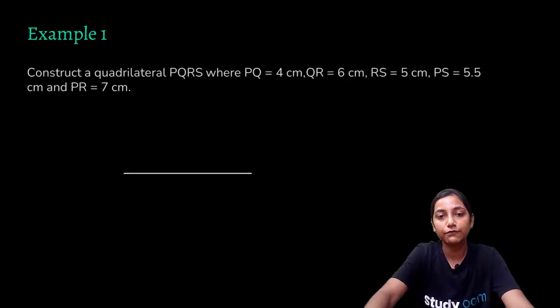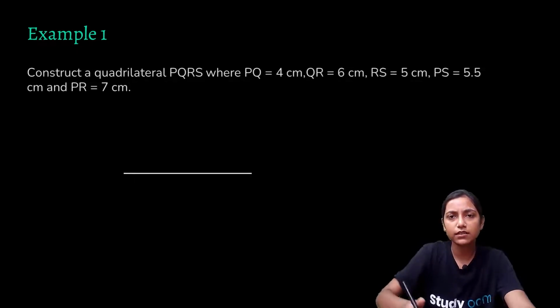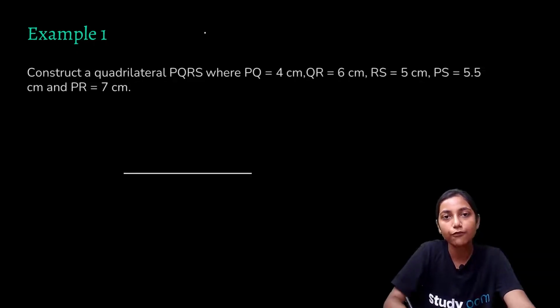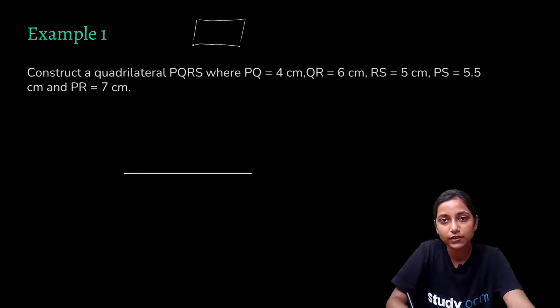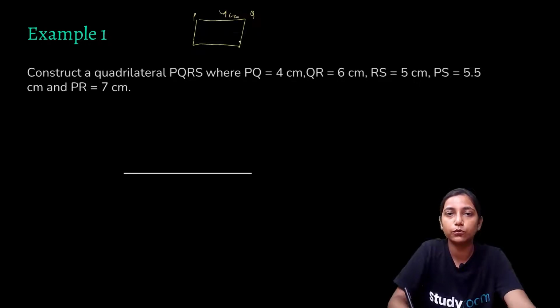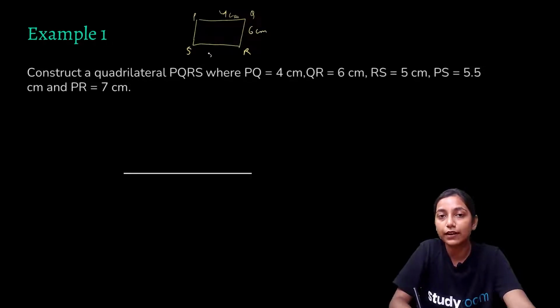If I make a rough diagram of it, PQ is 4 centimeters, QR is 6 centimeters, RS is 5 centimeters and PS is 5.5 centimeters.